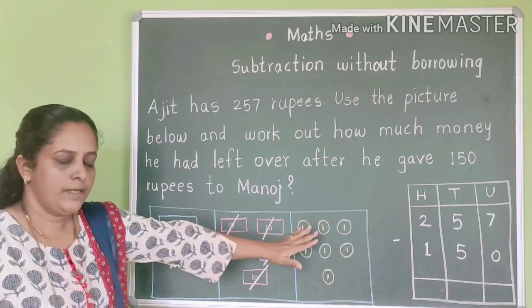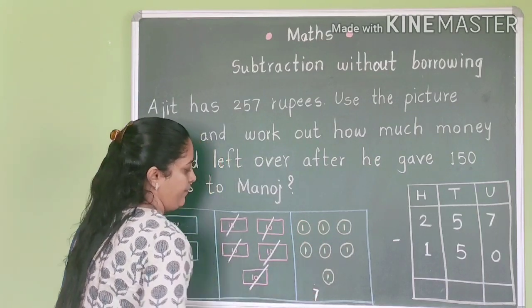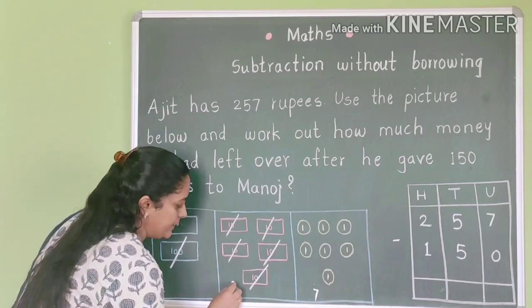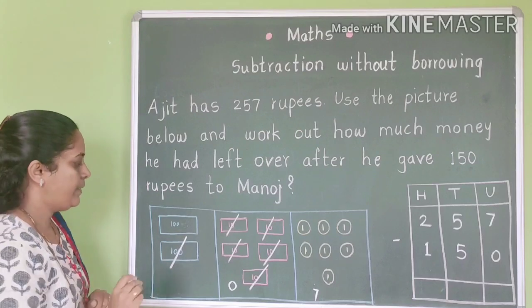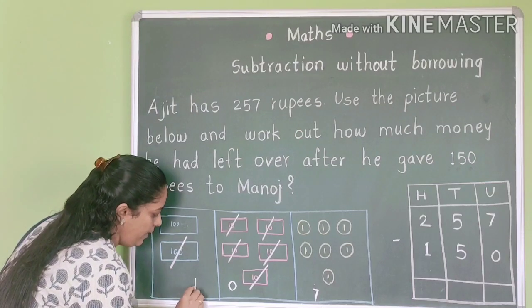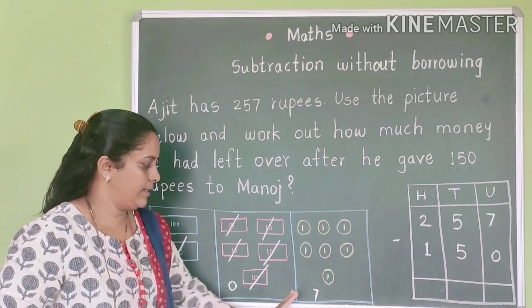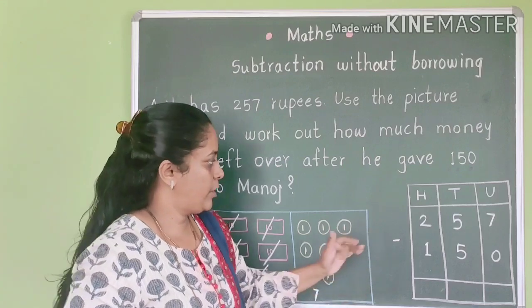He had 7 one-rupee coins remaining, and in tens he had nothing remaining. So it's 0, and at hundreds place he had only 1 note of 100 remaining, which means it's 107. So let's solve these problems directly.